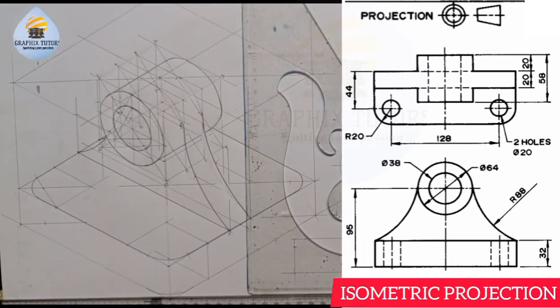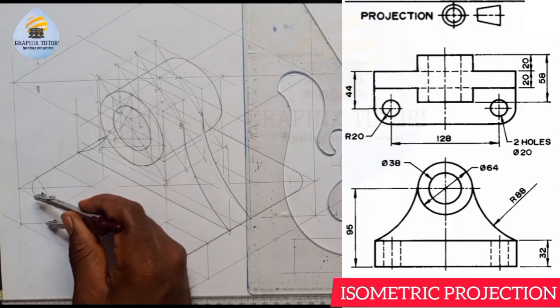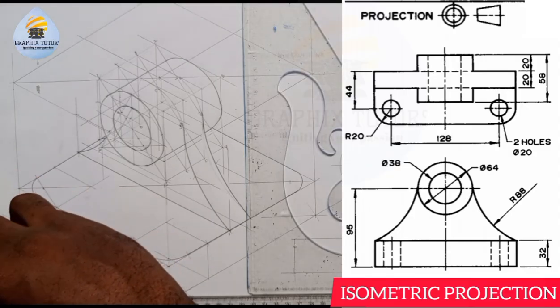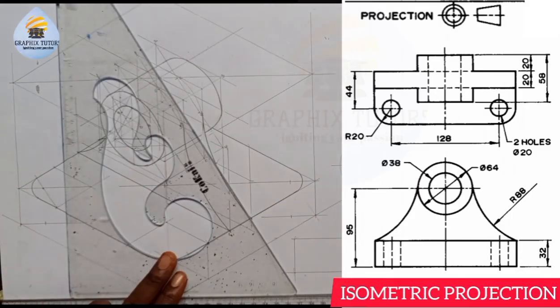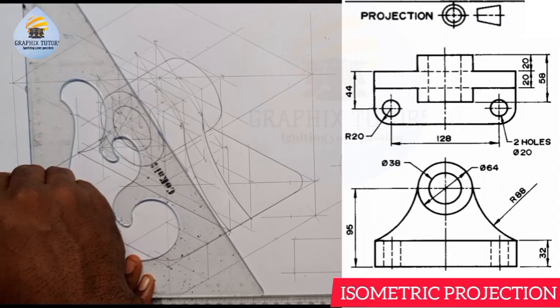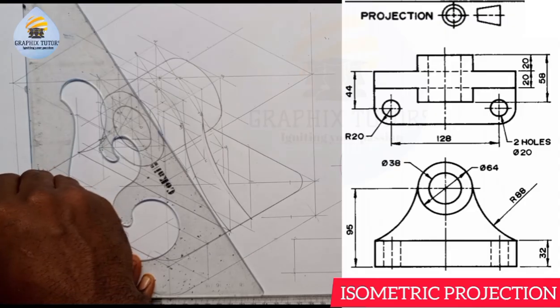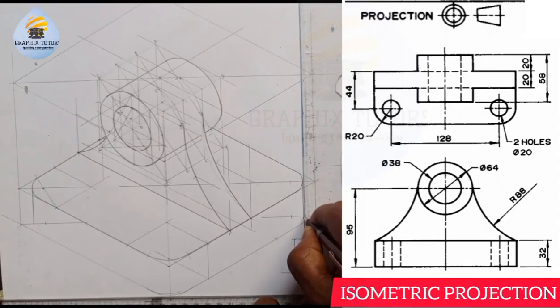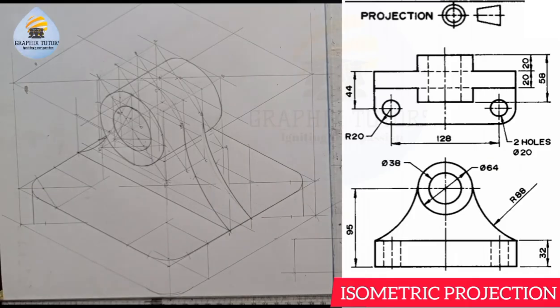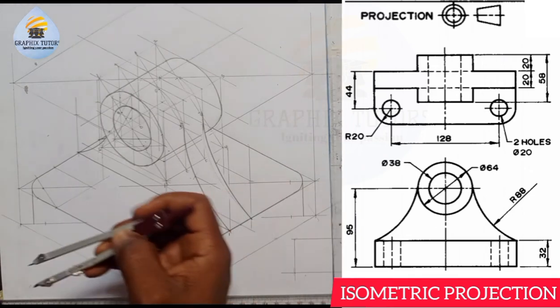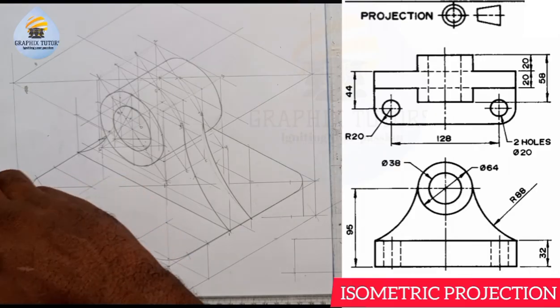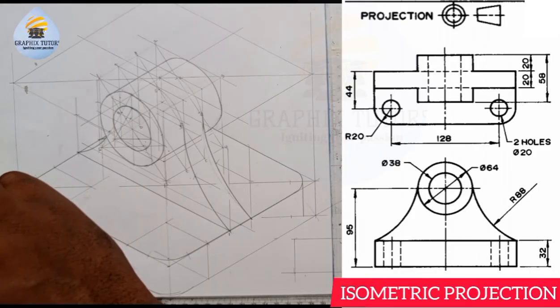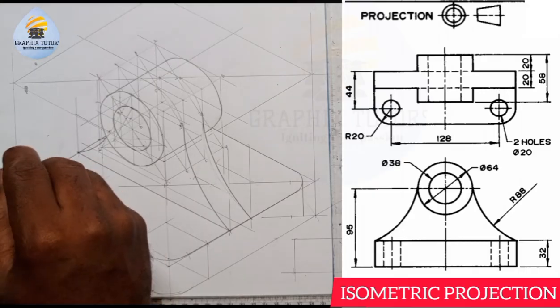So with the help of my compass, I'll place it here. I can just bring it straight down first. Stop here. I'll bring this down too. I'll stop here. Then I'll just take this from here and this from here.